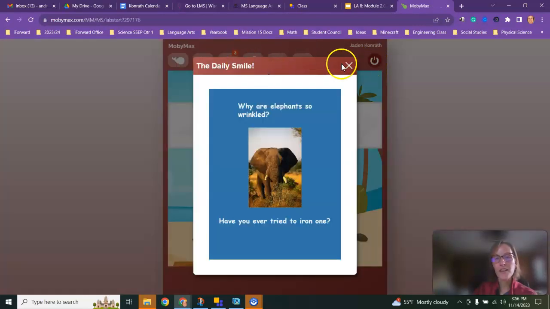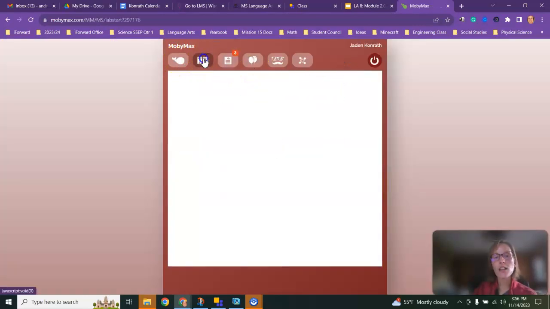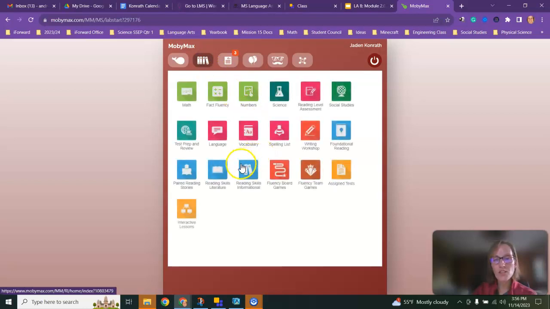And when you get there, this week for Language Arts, it's all about working 25 minutes in reading skills informational. It's the 2 book spines right here. So if you have time, you can also do that. Then you don't have to do it later in the week. Okay, that's what I have for you.